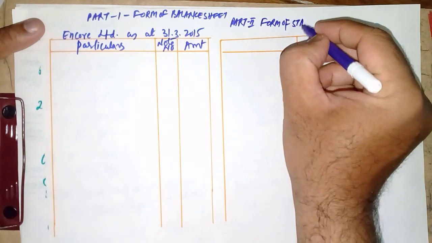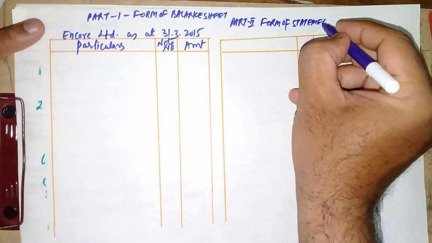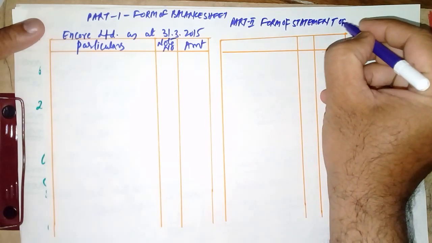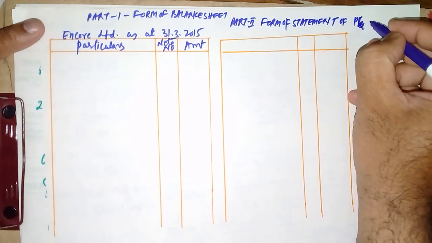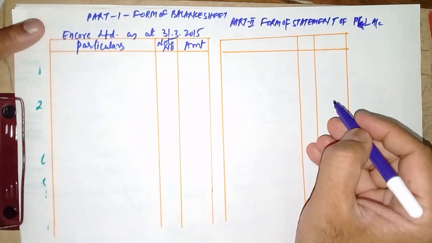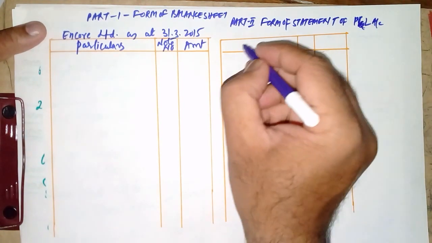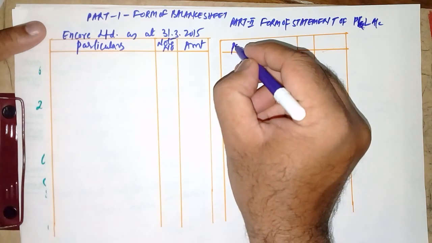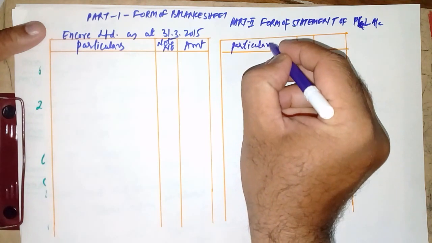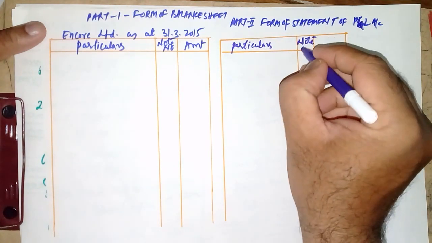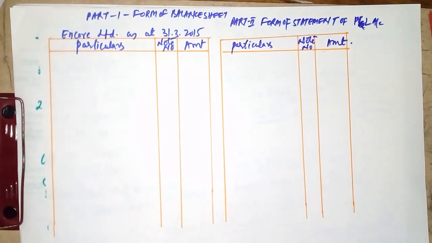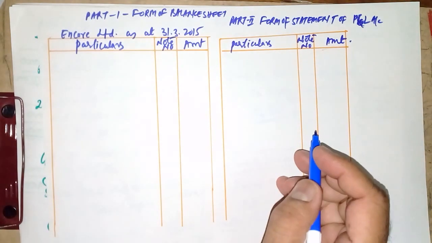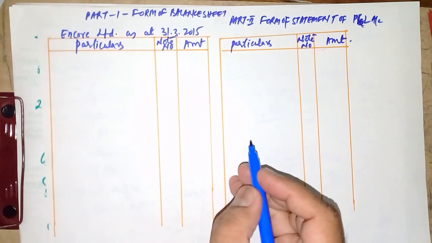I have written profit and loss account, right? Then the same, we need to write particulars, then note number, then amount, right? So this is the way you need to write the format. So then we'll prepare the format of balance sheet.